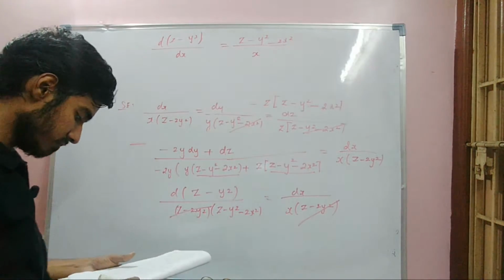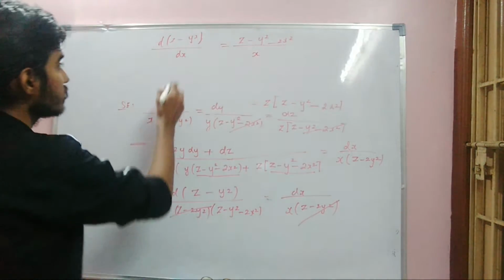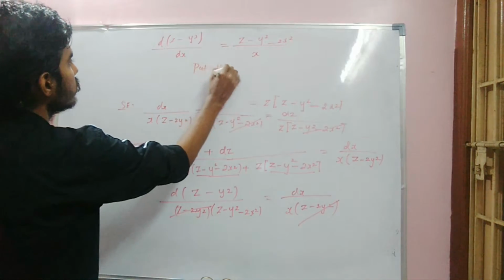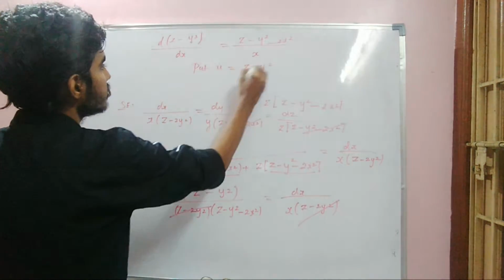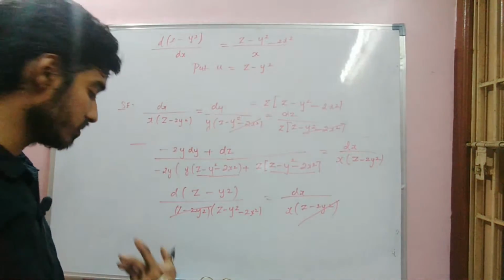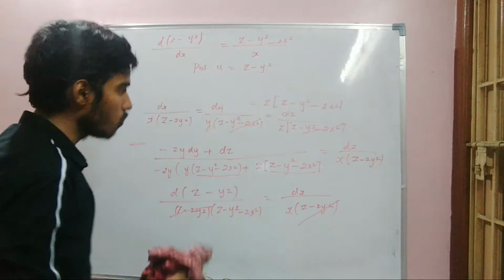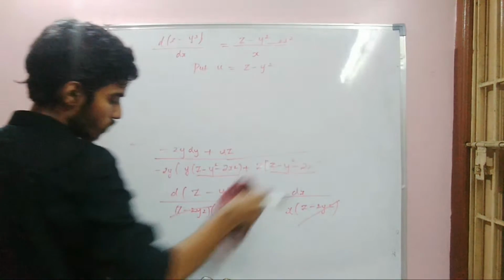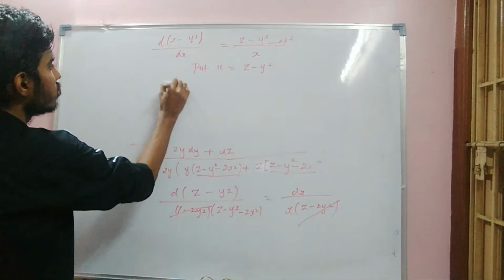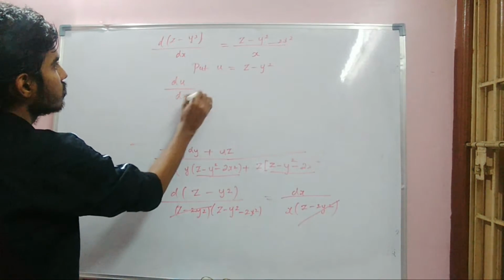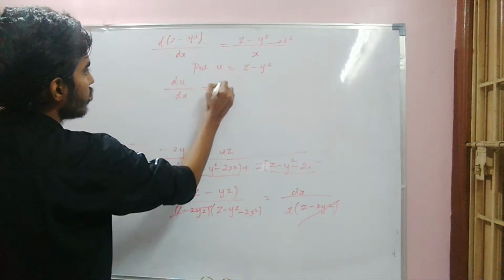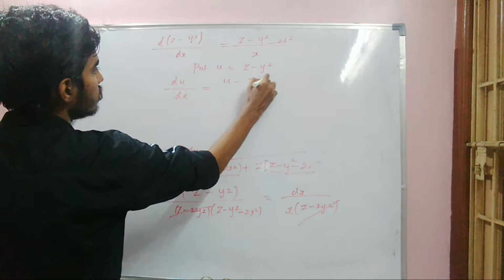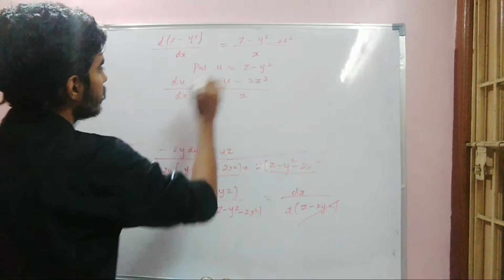Now you can see I am going to put u is equal to z minus y square. Now you need to know basic knowledge of ODE to solve this, right. So if you put u is equal to z minus y square, you are going to have du by dx is equal to, z minus y square is u, so u minus 2x square divided by x.